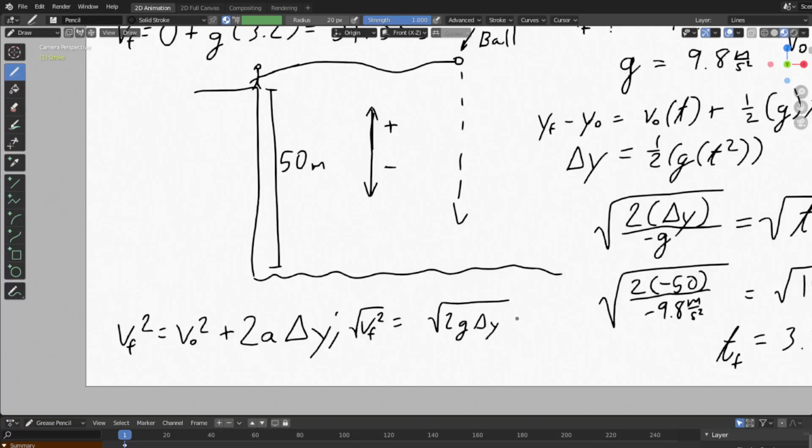We're going to use the same things because it's actually just the square root of 2 times negative 50 times negative 9.8. As you can see, I'm running out of room.